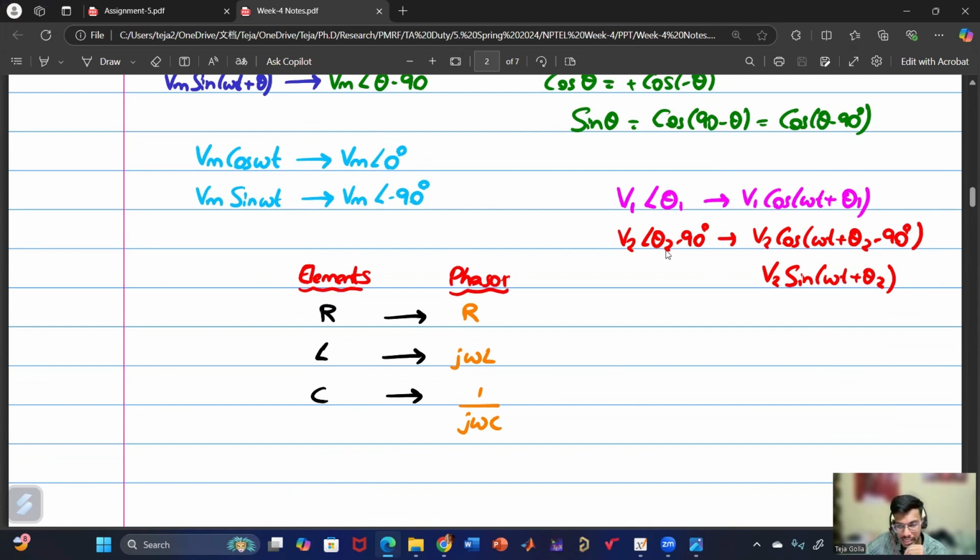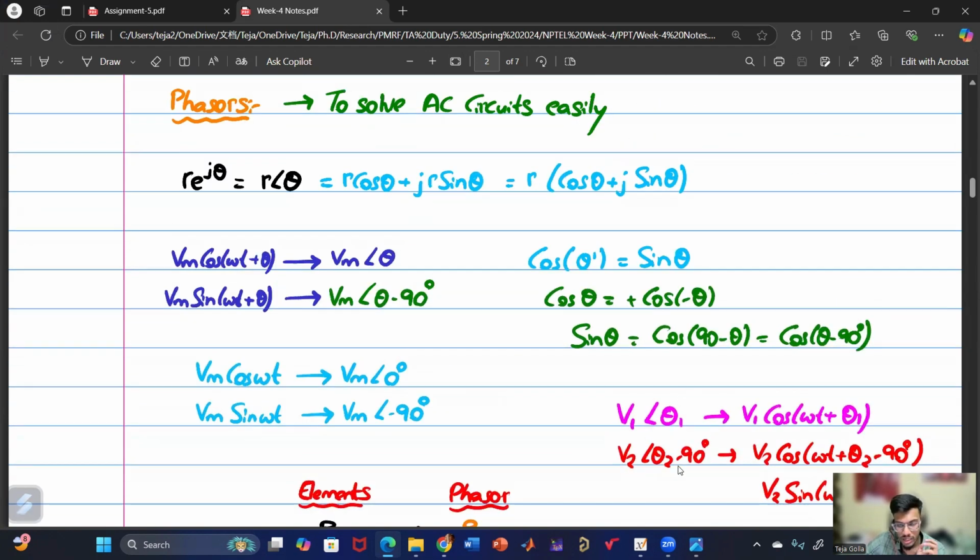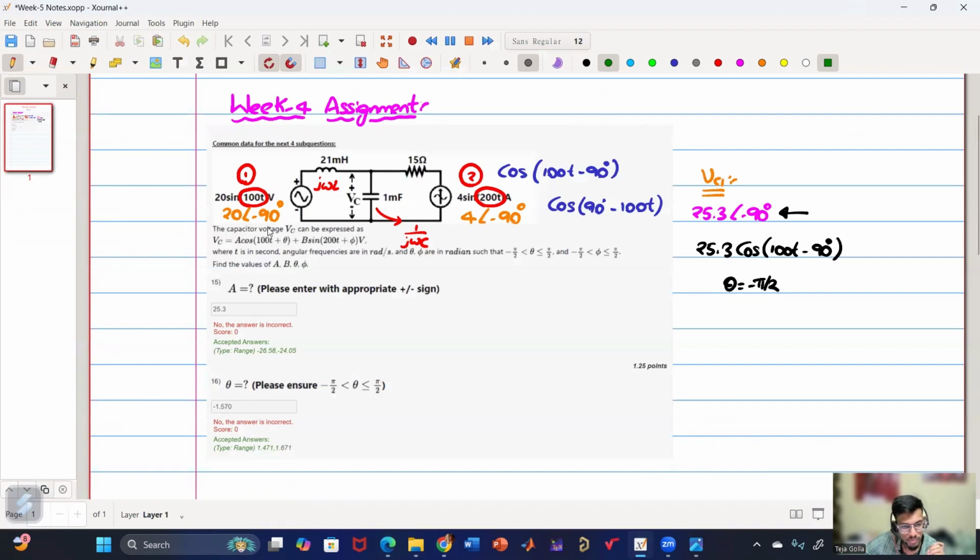Whatever may be the angle, I will write cos of omega t plus that angle. I am not caring whether it is plus or minus. So if it is some theta, here it is negative, I will write cos of omega t plus theta, so that's why theta is minus 90.